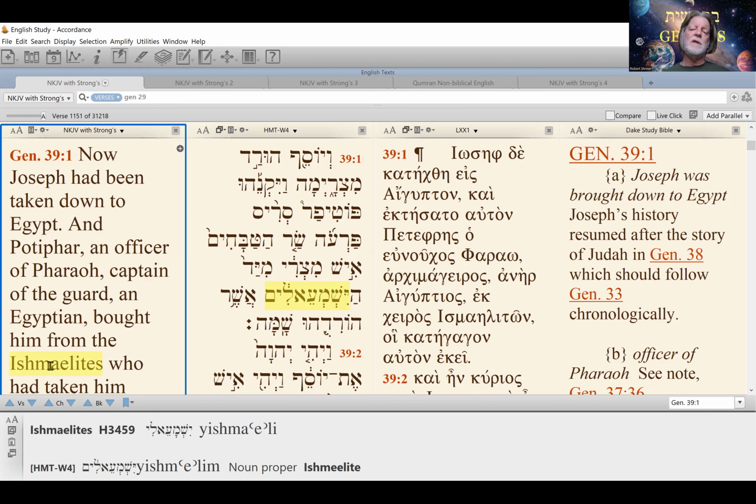And one interesting thing that we'll come across again in our text today is in the story of Ishmael, when Sarah complained to Abraham that Ishmael was mocking Isaac. The word for mocking is sahak in Hebrew, which means to laugh, which is what Isaac's name means.